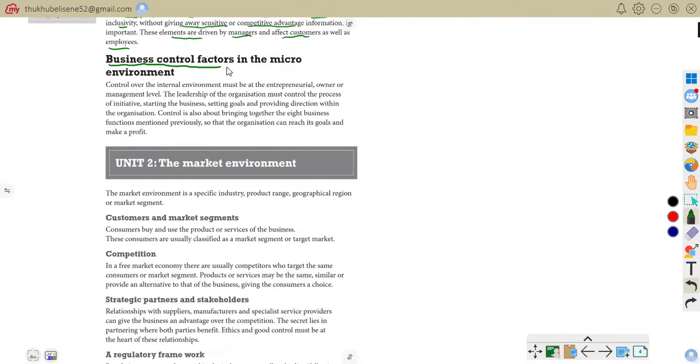That is that. Now we come to the business control factors in the micro environment.